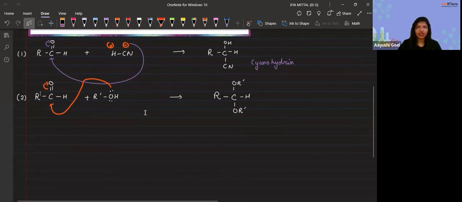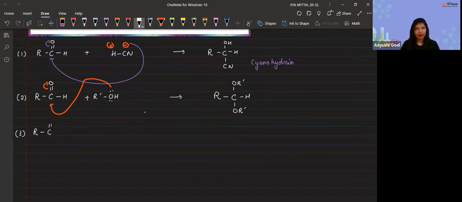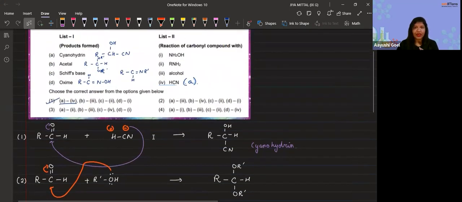Now third is Schiff base. We have to take RCHO here and form RC double bond NR dash with the formation of water.